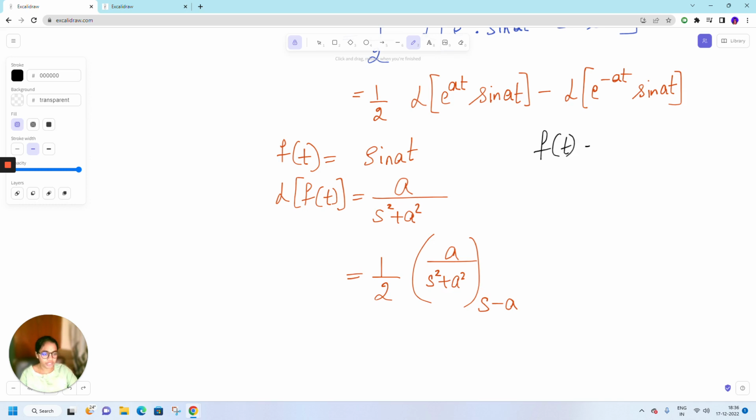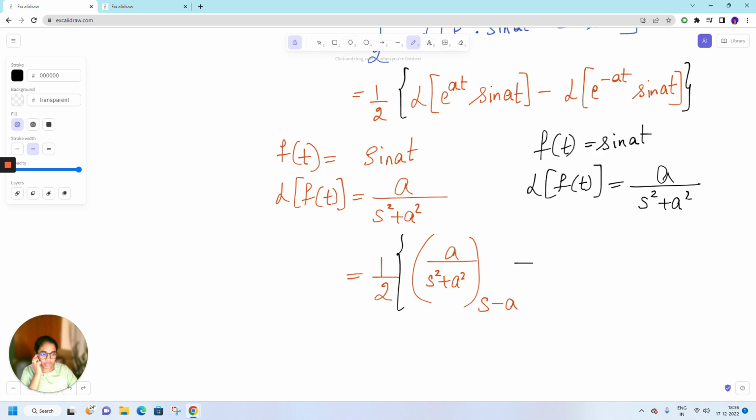Now, for the second term, what is the f of t? F of t is sine at. What is Laplace of f of t now? Laplace of f of t is a divided by s square plus a square. Now, tell me, what should I do? Instead of writing half here, let me take a big bracket here.